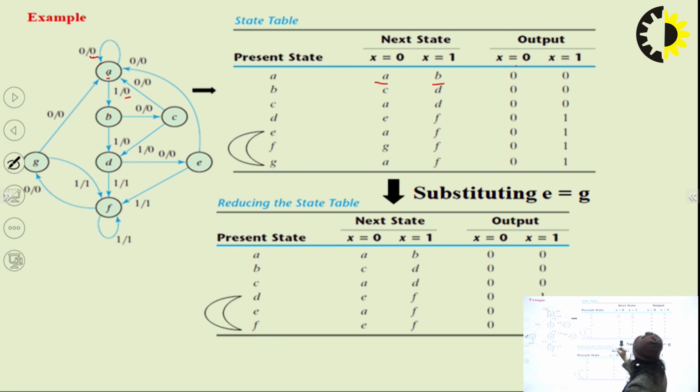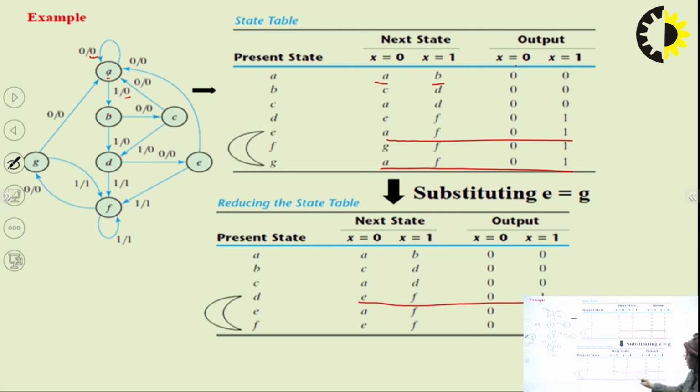As we can see, for E and G, the whole row values are the same, that is next state and output. So, these two states are equal and we remove or omit the last existing state in the table, that is, omit G. So, the reduced table will be A, B, C, D, E, F. Again we see that for D and F all the values are the same.